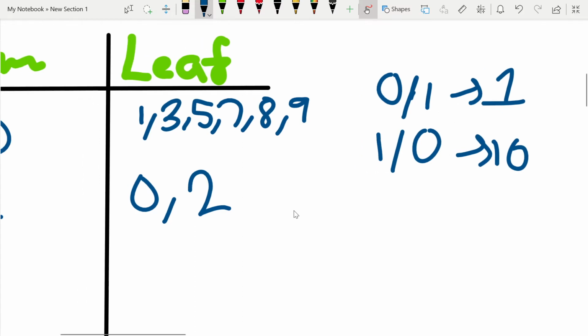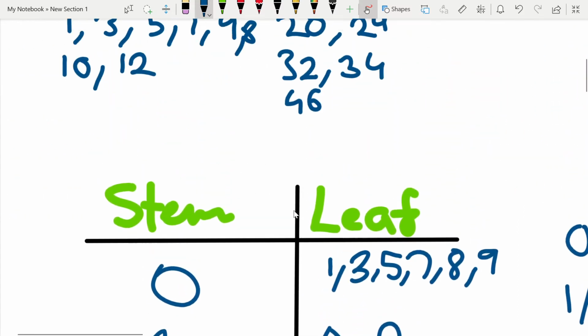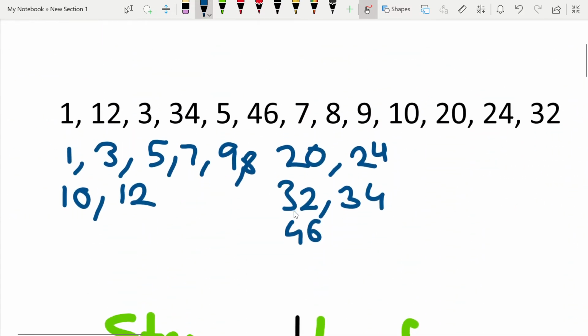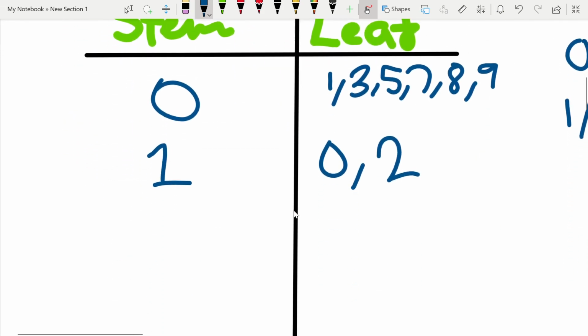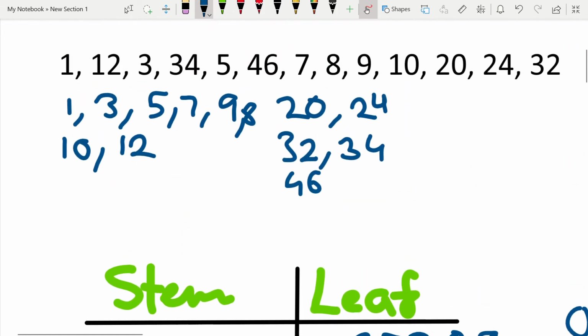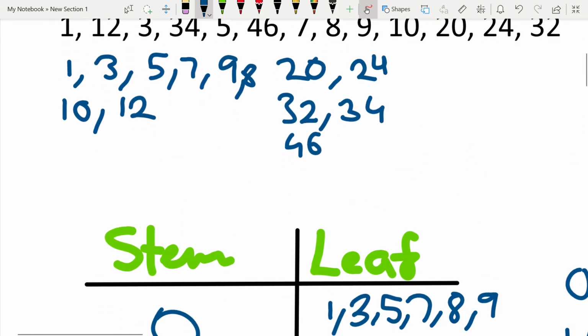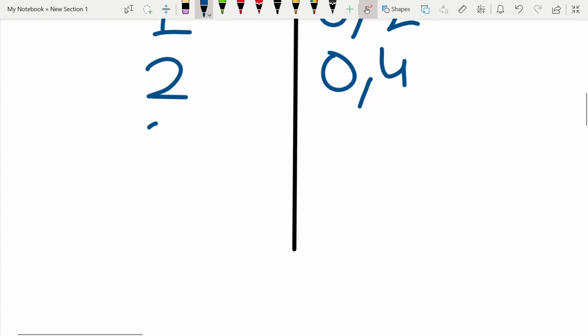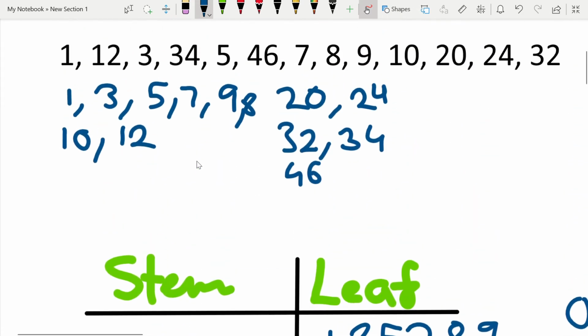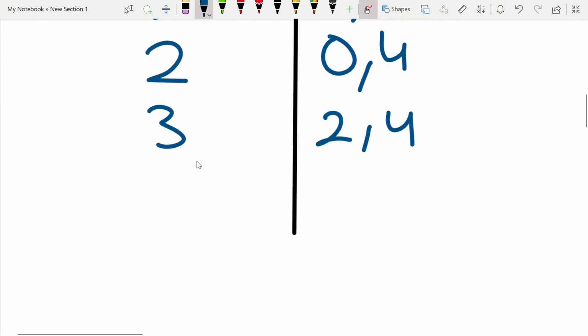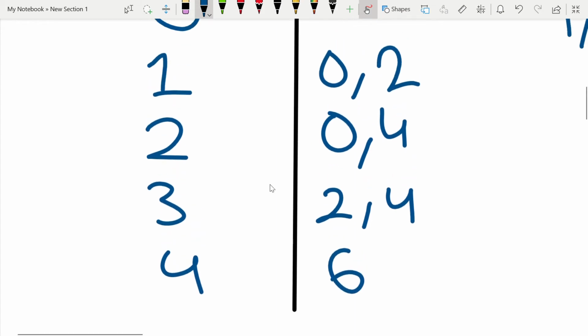Then we look at 20 to 30. We've got 20 and 24, so the base number is 2, and we've got 0 and 4. Then between 30 and 40, we've got 2 and 4, so 32 and 34. Then we've got just a 46, so the base number is 4 and the leaf is 6. Hope you got that. Let's move on.